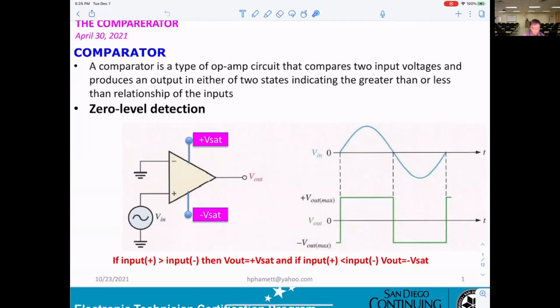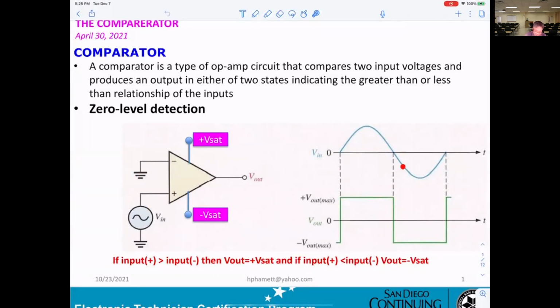And now, if you're looking at this sideways, the input is on the positive, okay? And the other side, the negative, is connected to the ground, that means 0 voltage. So this positive is higher than ground, so the output will go into positive saturation.